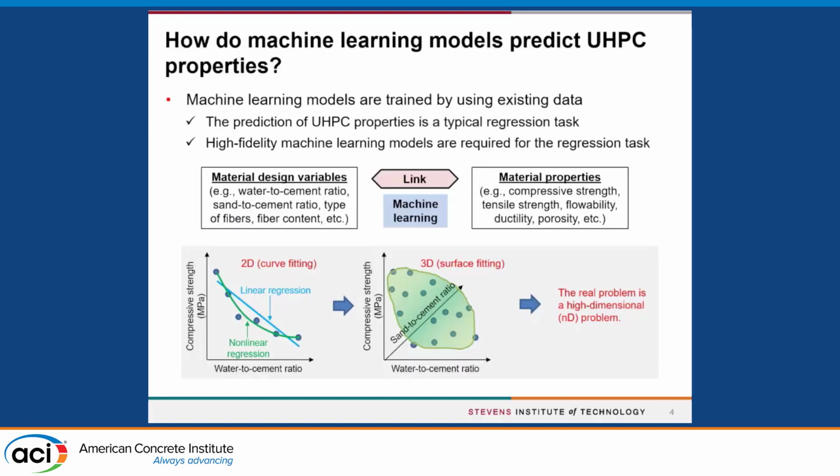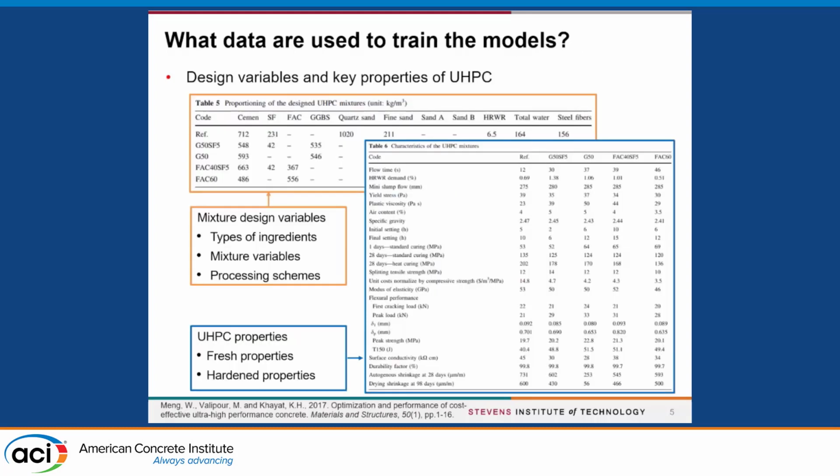The prediction of UHPC properties is actually a very typical regression task. But for us, we need to consider many design variables, so we require high-fidelity machine learning models for this high-dimensional regression task. Two sets of data are usually used for these models.